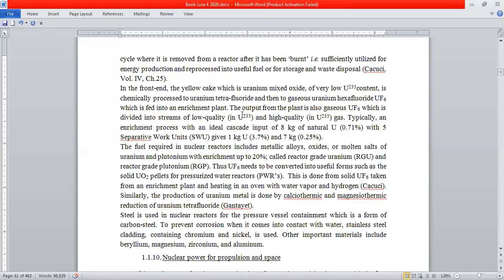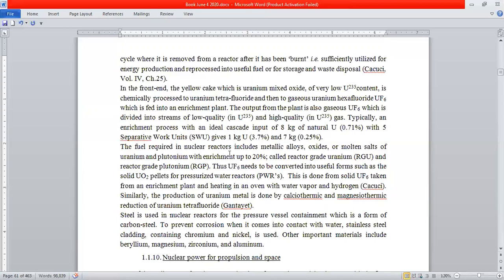So gas in, gas out goes into a centrifuge plant, for example, and a typical enrichment process with an ideal cascade input of 8 kilograms of natural uranium with 5 separative work units would give you 1 kilogram of uranium, 3.7% enriched, and it would give you 7 kilograms at 0.25% enrichment.